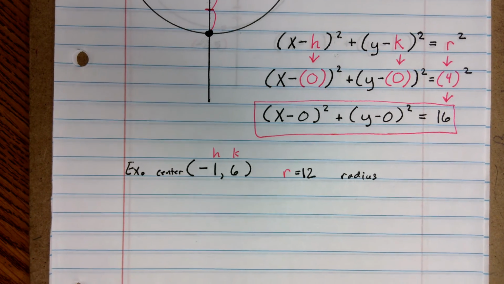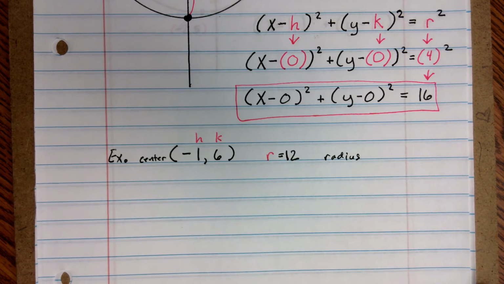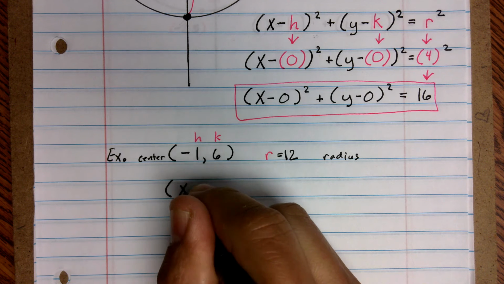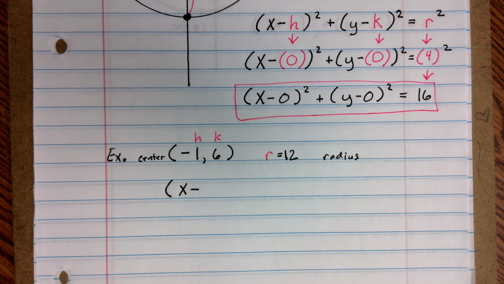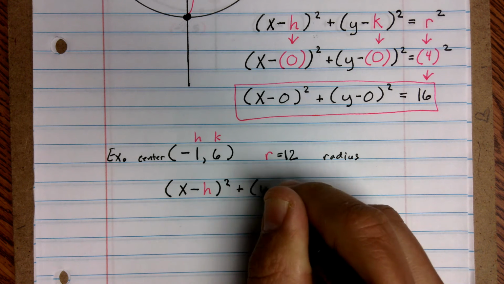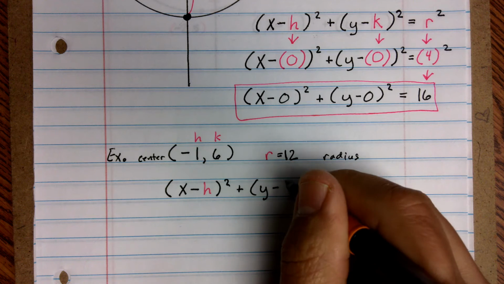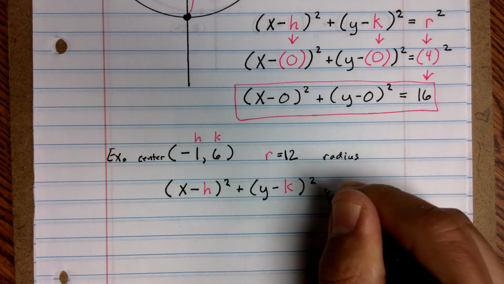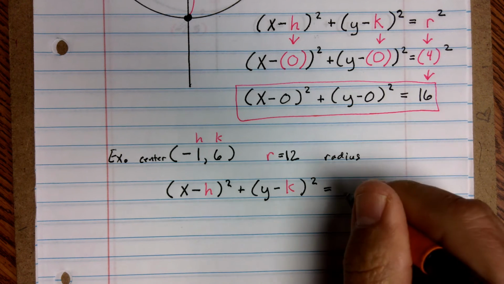Once again, we're just going to substitute those values into our equation. So I'm going to rewrite this. So we still have x minus h squared plus y minus k squared is equal to r squared.